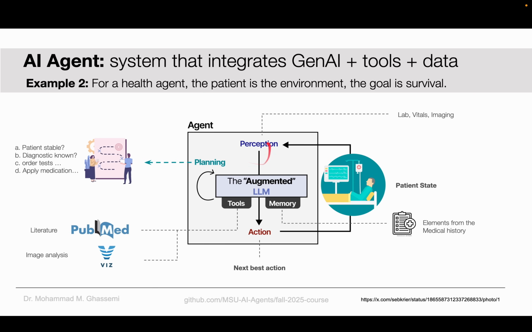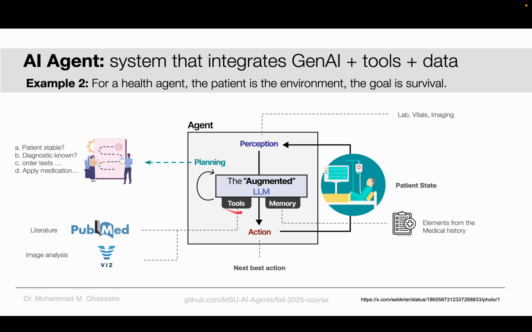Now, once it collects this data, this LLM wants to use a combination of what it collected, along with some tools and some memory, so that it can perform planning and generate an action that will ultimately help advance the state of the patient. Let's say the goal here is survival. I would certainly hope that that's what a health agent would want to achieve.